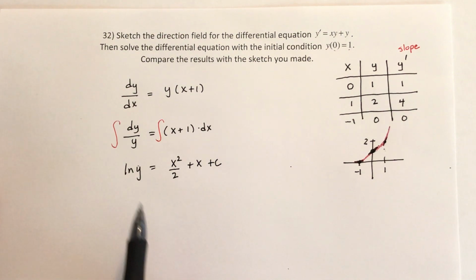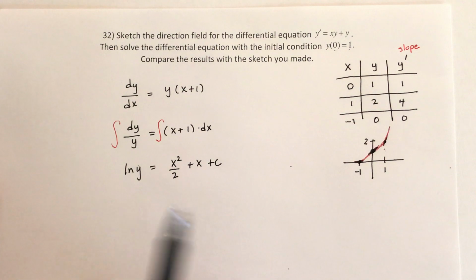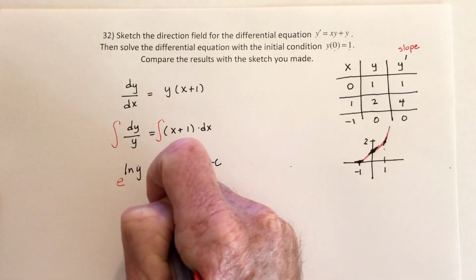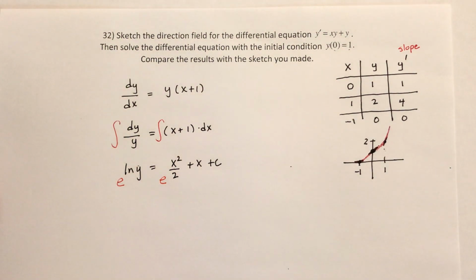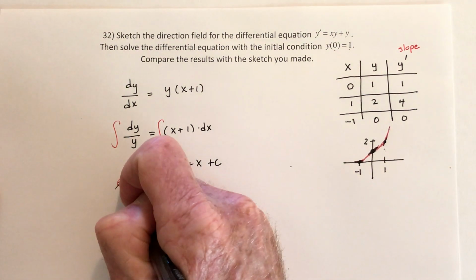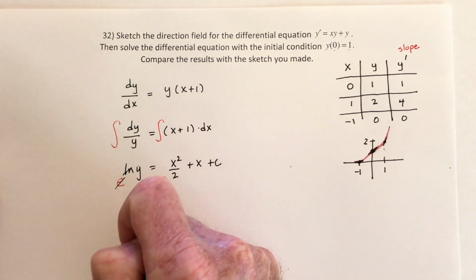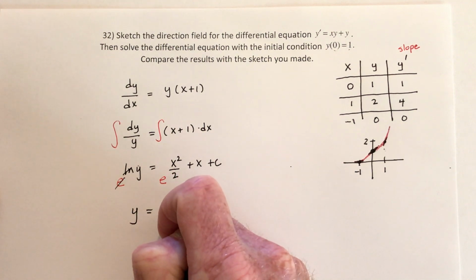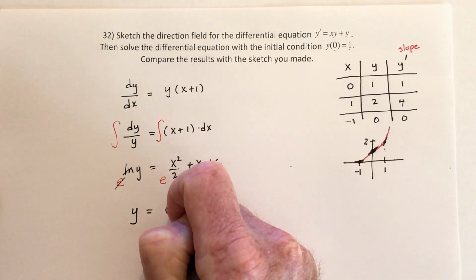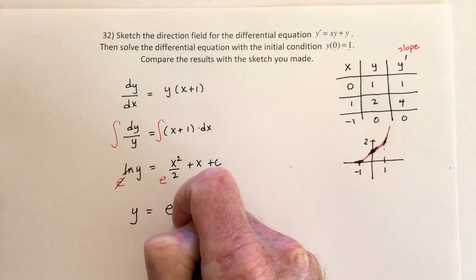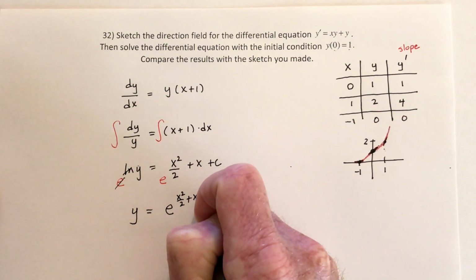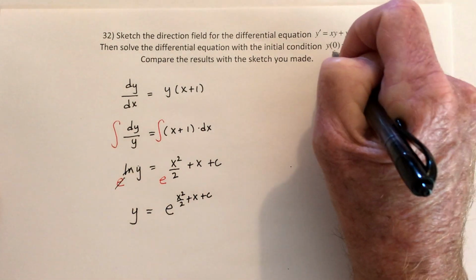And I could then solve for y by exponentiating both sides. That's why I have a red pen. So on the left side, these cancel, so we get y equals. That's good news. And then we'll have e to the x squared over 2 plus x plus c.